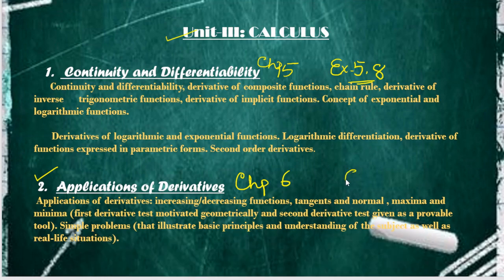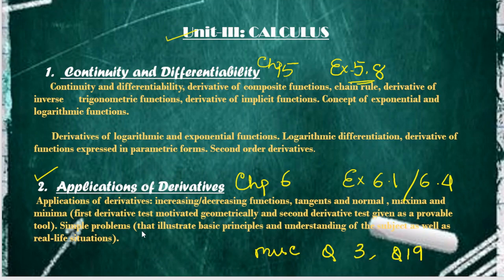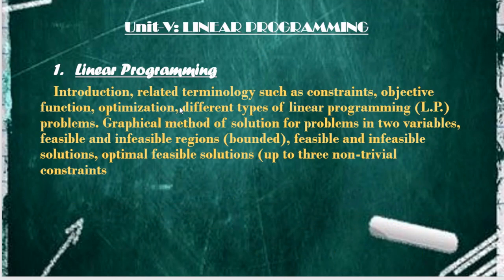And from chapter 6, exercise 6.1 has been removed and 6.4 has been removed. And in the miscellaneous exercise, question number 3 and question number 19 have been removed.